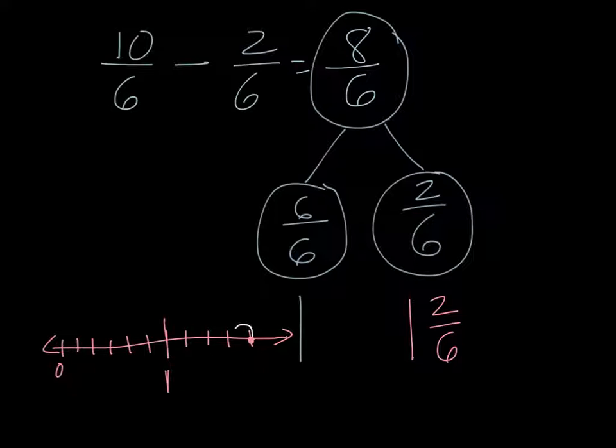So I'm just going to hop back on my number line 2 6 and land right there. And you can see that when I'm writing this fraction, I'm already at one whole and 2 6. So this is one whole and 2 6, or 8/6 if we look at it as an improper fraction.